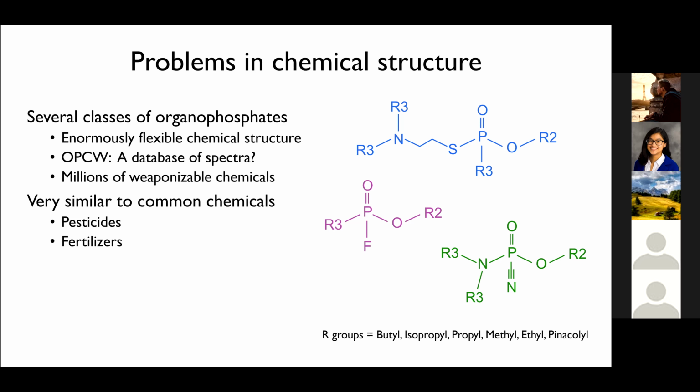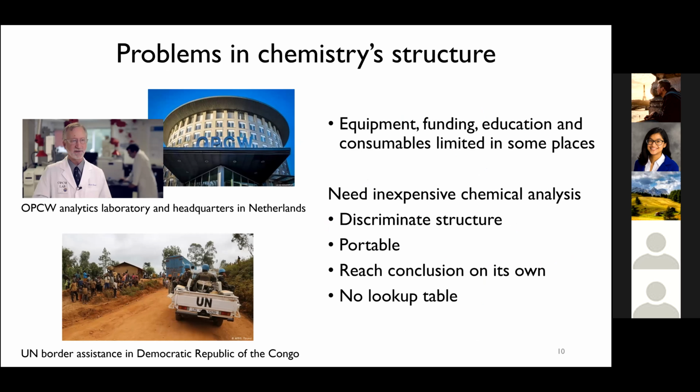There are also problems in chemistry's structure. The OPCW, funded by the nations all over the world, has a beautiful analytics laboratory headquartered in the Netherlands. But the equipment, funding, education, and consumables are a bit limited. They're not spread all over. They're just located in the Netherlands.